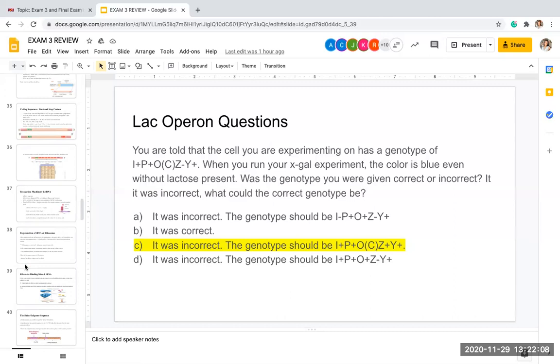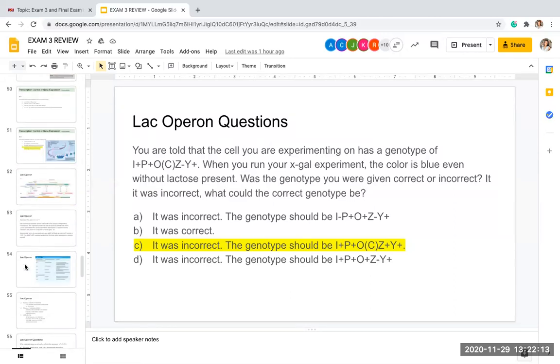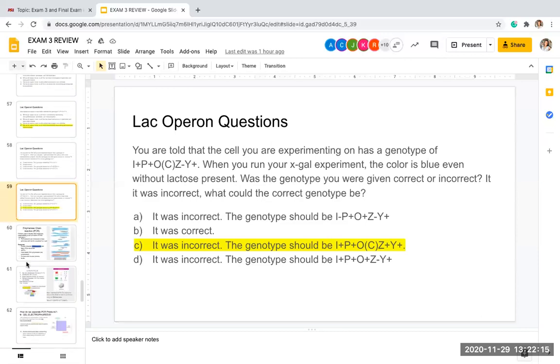Okay, so it is possible for it to be blue if, okay, so in this question, the color is blue because your O is being mutated to essentially make all of your products be constitutively expressed. You can also mutate your I in such a way that you can make all of the products constitutively expressed.